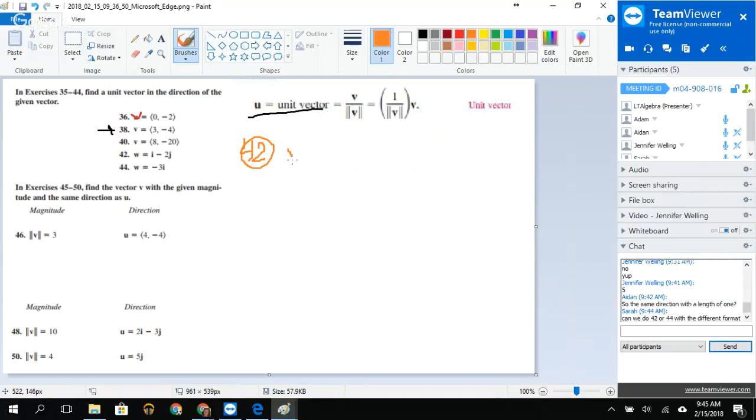So we have w equals i, I'm so tempted to write the i like the imaginary number, sorry. i minus 2j, and you can see that it's bolded there.